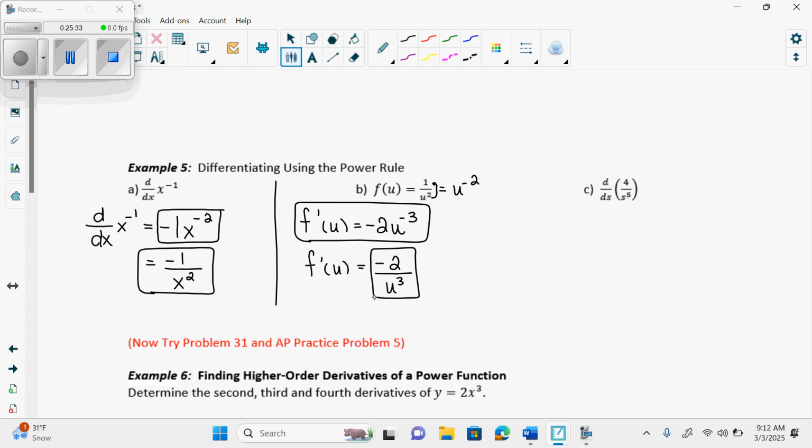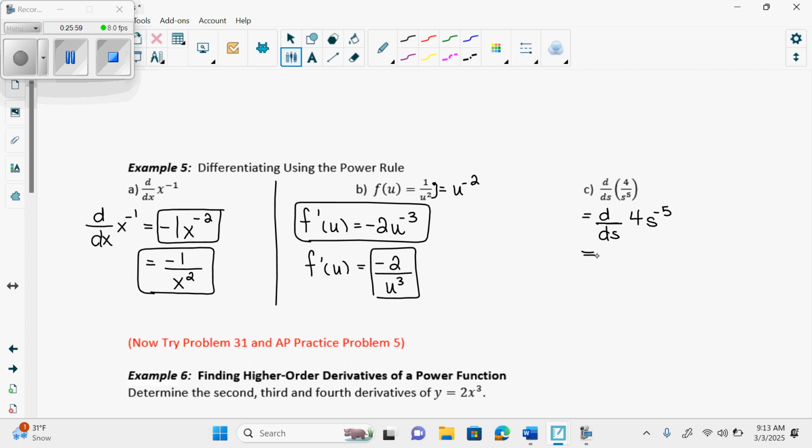Do you see? So this d over ds, we'd have to rewrite it again. This equals d over ds, the derivative with respect to s being the variable, that's why they have an s down here now, of s to the negative 5, and then that equals, and when I find the derivative of that, I don't write d over ds anymore, right? d over ds is like writing the words the derivative of this, okay?